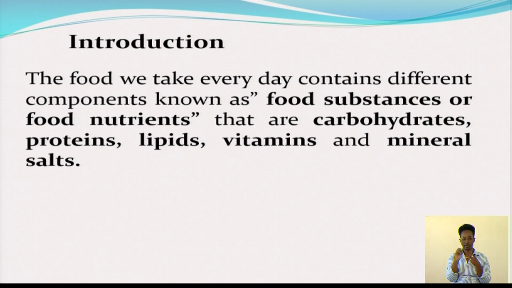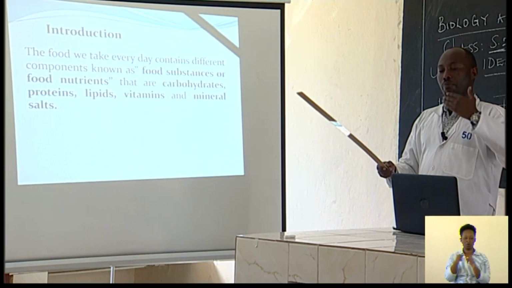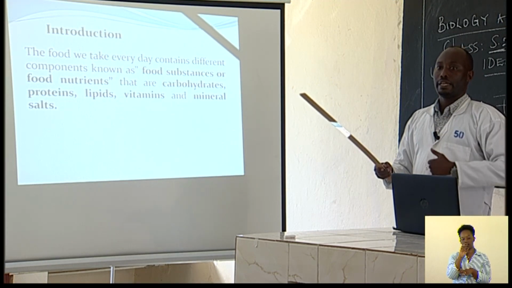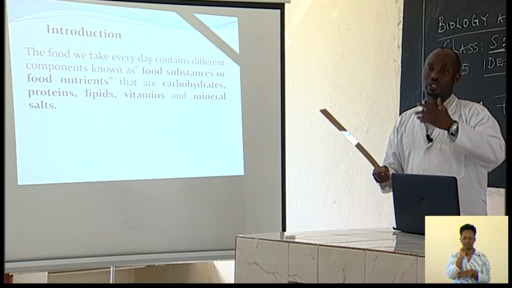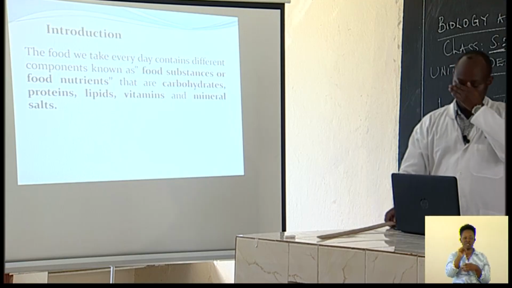All of them are very important to our body because they perform the function of a balanced diet. If we eat these food nutrients, you don't suffer from some of the diseases. Take an example like kwashiorkor, marasmus, and other diseases that are caused by lack of mineral salts in our diet. So it is very important.